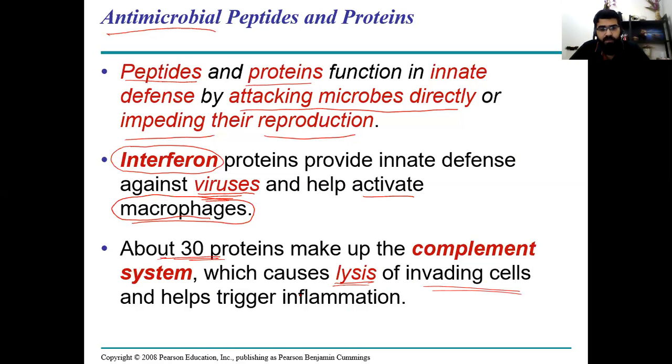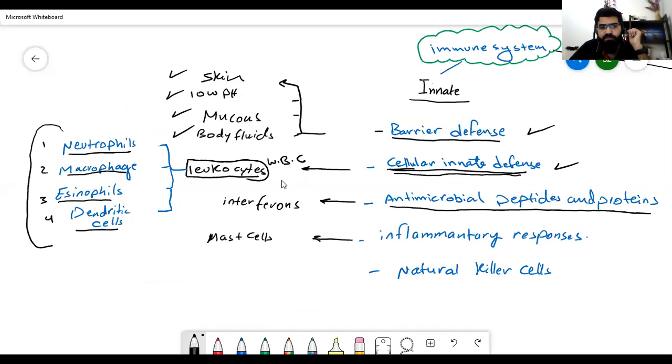In addition to triggering inflammation, these antimicrobial proteins not only destroy the pathogen, they also deliver a message to the other defense way called inflammation. What is inflammation? The inflammatory response is the next innate pathway. What is this inflammatory response? It is stimulated by antimicrobial proteins.